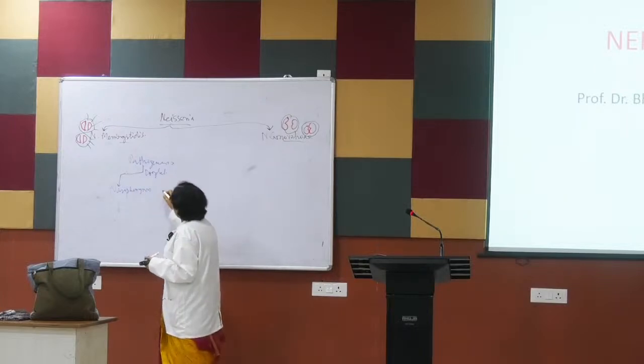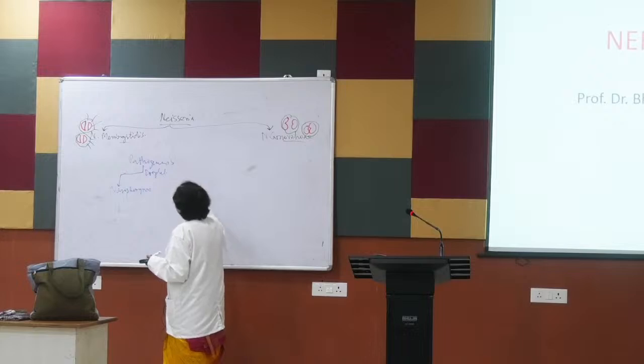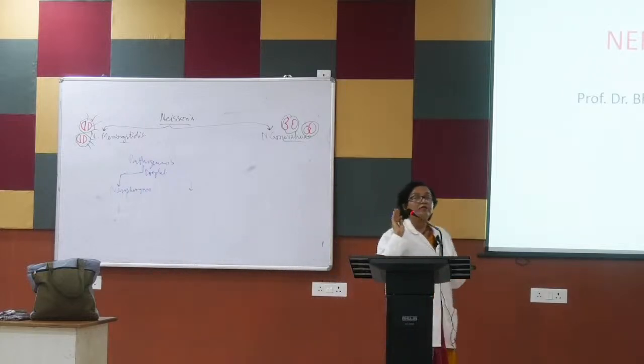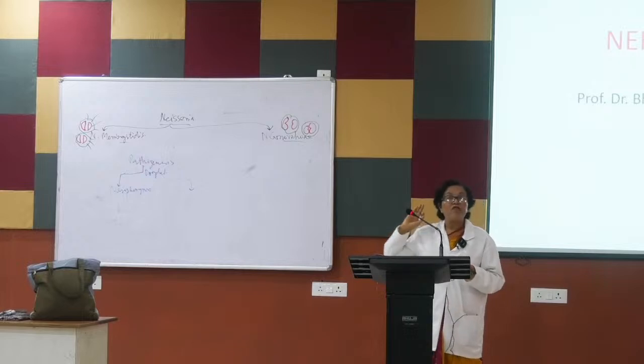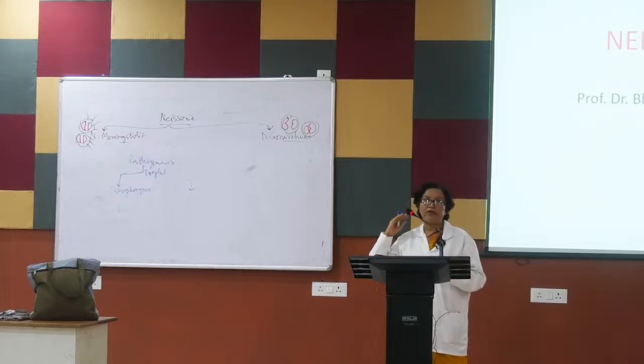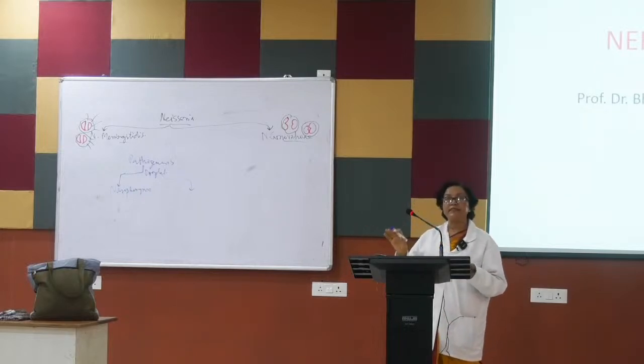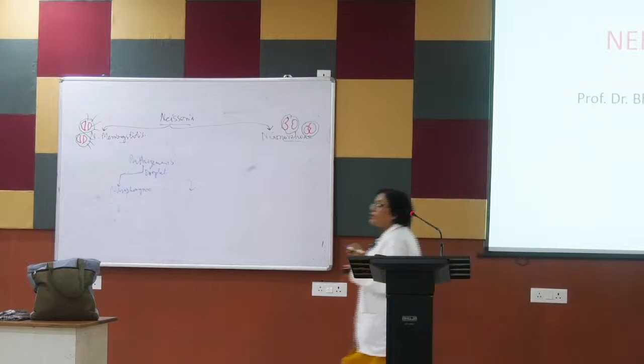But some will reach the nasopharynx and from there enter the blood, reaching the circulation. Then it is called meningococcemia: meningococcus in the blood.